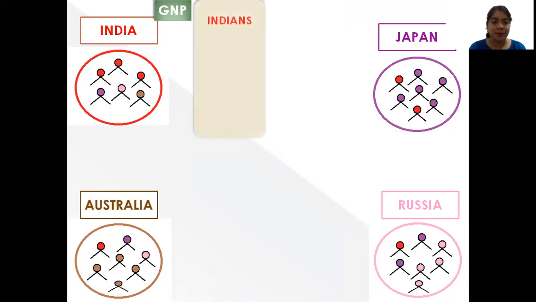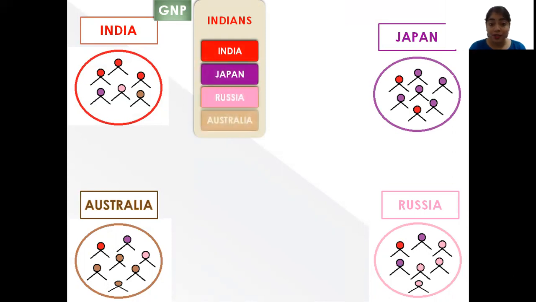Indians are working in the border of India, and some Indians are working in Japan's border, some in Russia's border, and some in Australia's border. So to calculate the GNP, we have to add all these contributions in different countries. So the GNP of India will be the contribution of the Indians in India, Japan, Russia, and Australia.